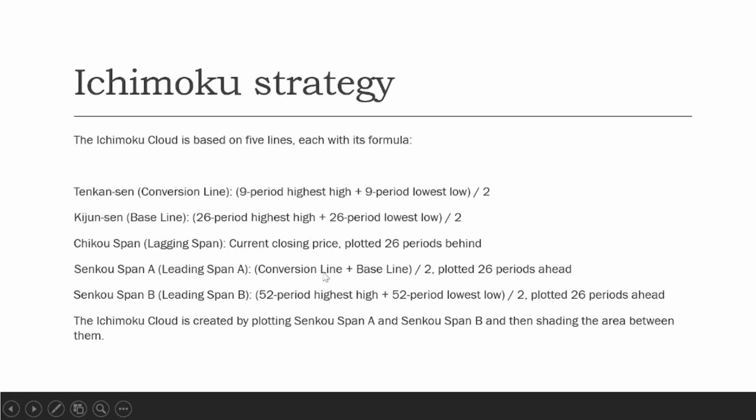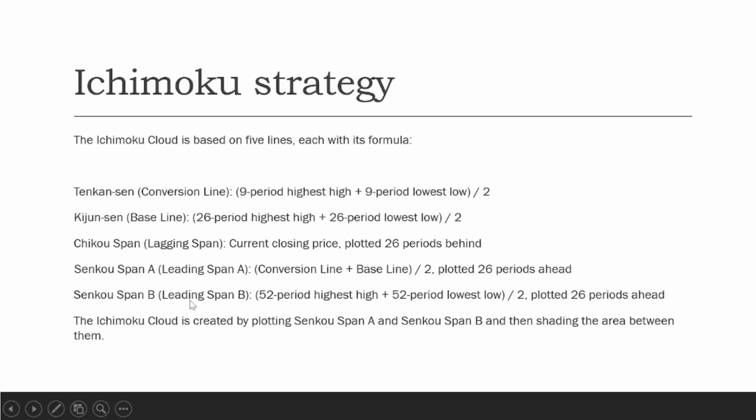So we are taking the average of conversion line and baseline basically and plotting 26 periods ahead from the current price. So you get a line here too, but plotted ahead of the current price. And Senkou Span B or leading span B is the average of 52 period highest highs and 52 period lowest lows. These two plotted 26 periods ahead.